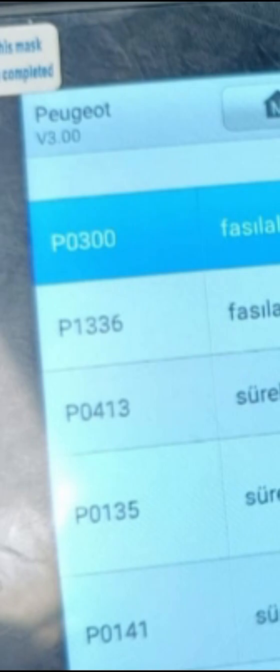Then you start the car, it stays on that 3.5 bar or 50 psi. Anything higher or lower, then there's a problem with your fuel delivery. Could be your fuel pump, could be your fuel pressure regulator. If you switch off the engine, it will rapidly drop to zero if your fuel pressure regulator is bad.